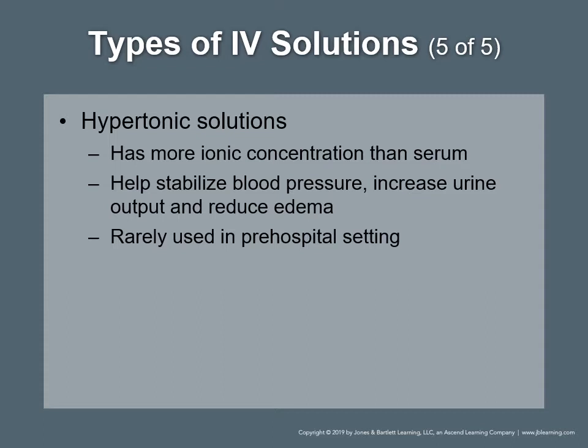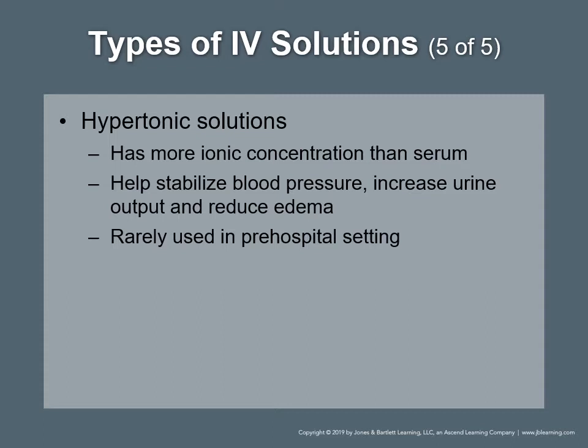Hypertonic solutions have an osmolarity higher than serum. They have more ionic concentration than serum. Hypertonic solutions shift body fluids into the vascular space and pull fluid and electrolytes from the intracellular and interstitial compartments into the intravascular compartment.